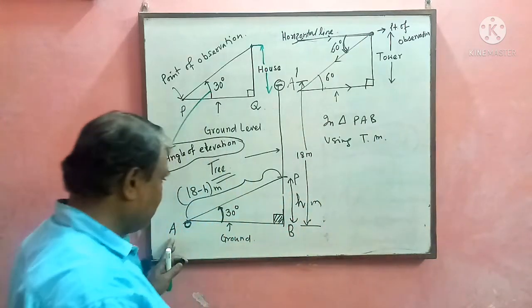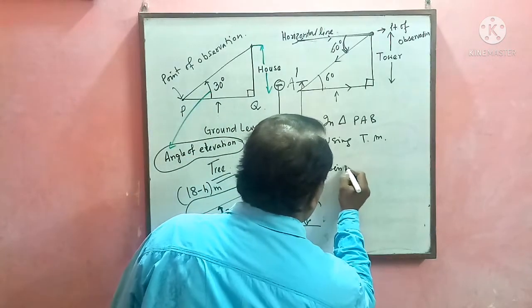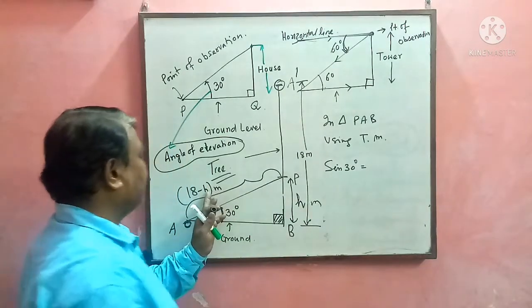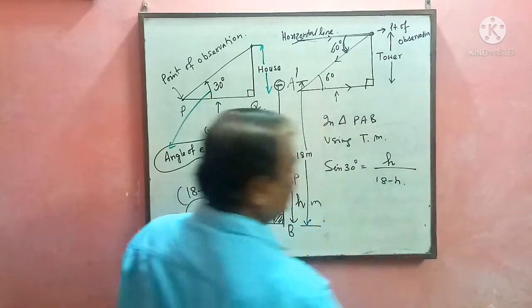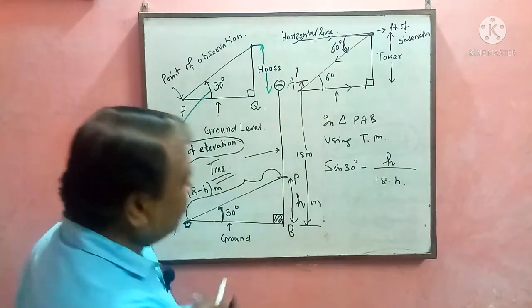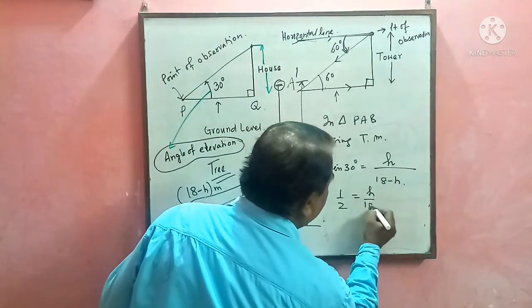Okay. But you have sine 30 degree is equal to perpendicular upon hypotenuse. This is h and this is 18 minus h. Okay. Very simple. Now you put this value half, and this is h upon 18 minus h.